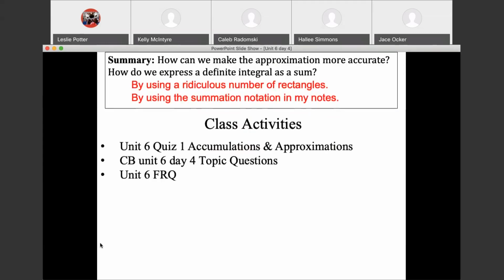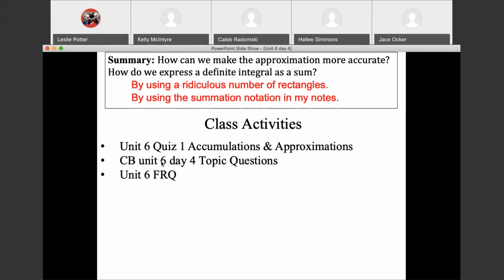Okay, so we have an accumulation quiz in College Board. Once you get done with that, you can stay right in College Board and do your day 4 topic questions. There's a free response along with that, and that rubric is in Blackboard if you want to check your answers. I'll be around though, so we can talk about those things.